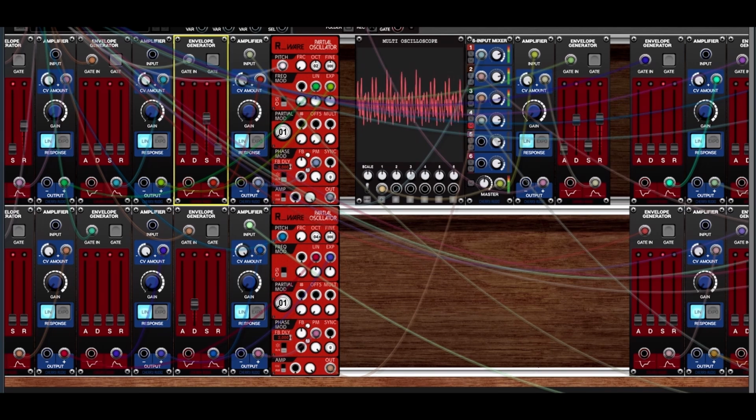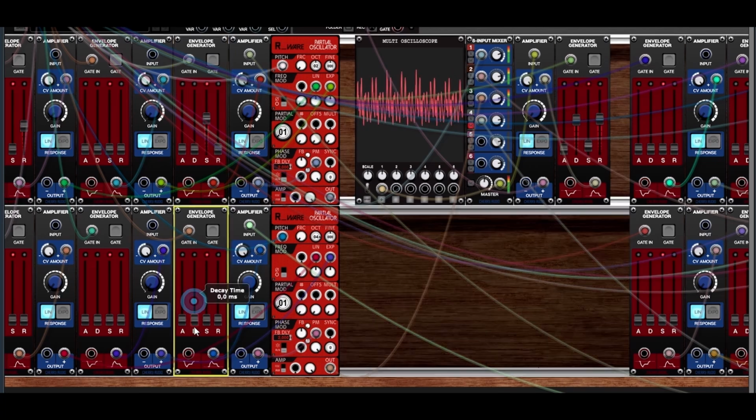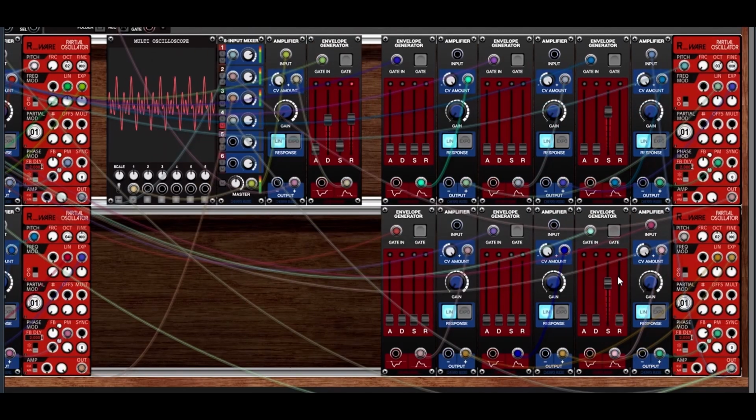So now I adjust the envelopes of the modulating operator 4. Oh, sorry, operator 4. So, here.